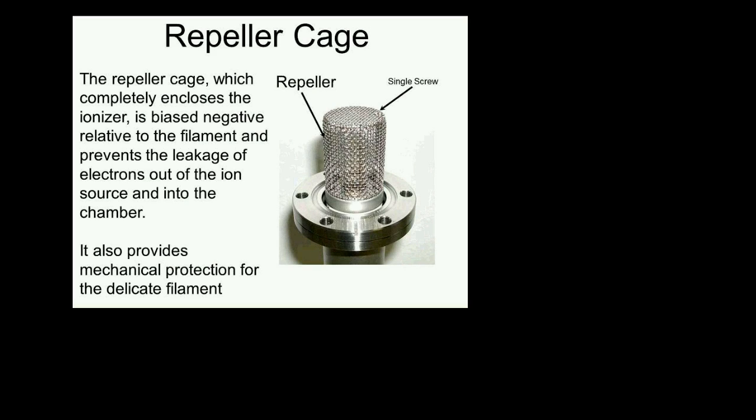And people ask me all the time, isn't that going to change the sensitivity of the device? Well, not much. In my experience, removing the repeller in this device only affects the sensitivity by about 10%. So you can either recalibrate the device or you can pretty much just use it. And 10% amongst friends is probably not that big a deal.